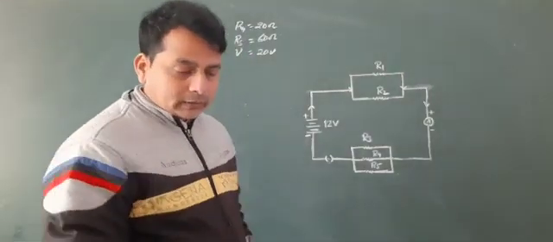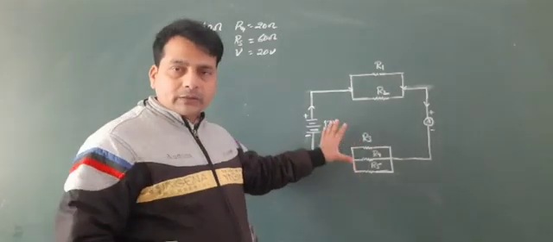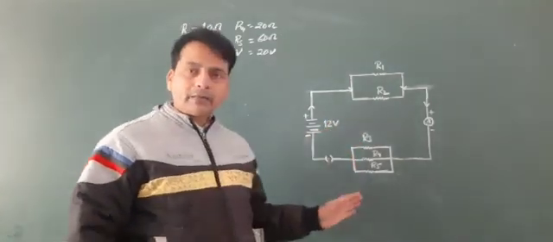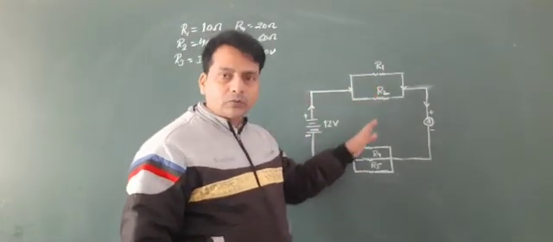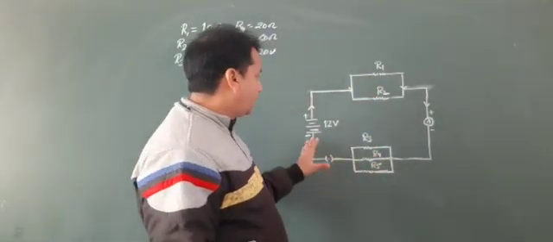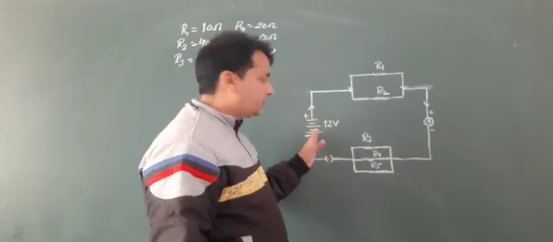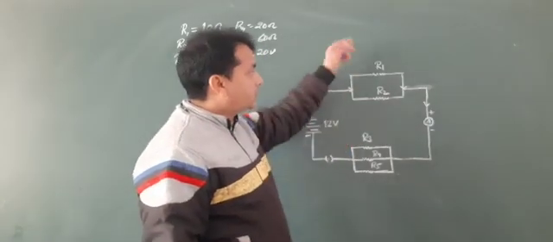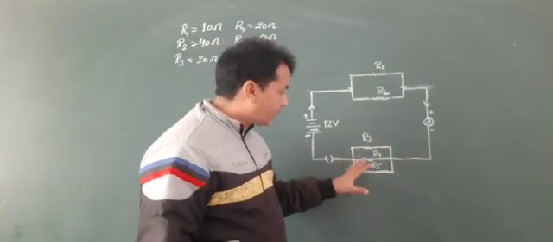Here a circuit diagram is given, and in this circuit diagram there are 5 resistors used, and a 12 volt battery is connected. So here are R1, R2, R3, R4 and R5.